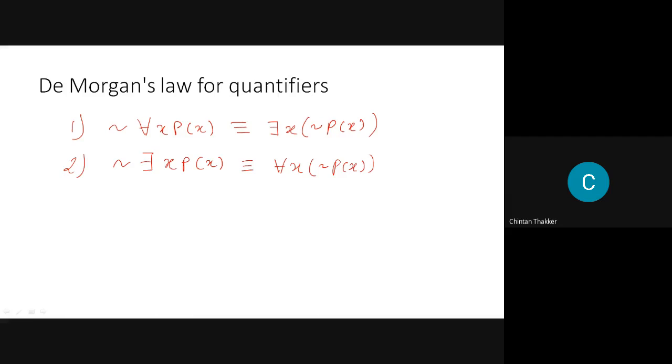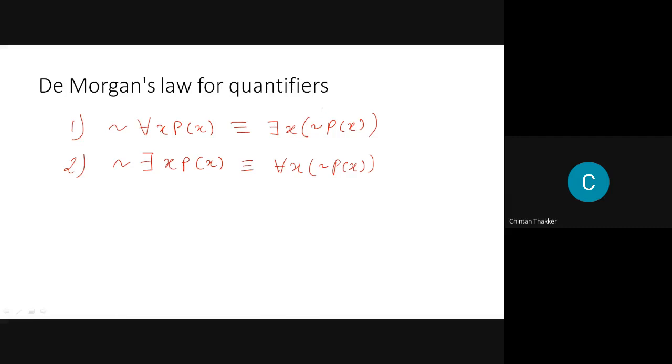So now to prove this De Morgan's law, we cannot use the truth table here. So we first take the left side as true, and we prove that the right side is also true. Then we take the left side as false, then the right side is also false.